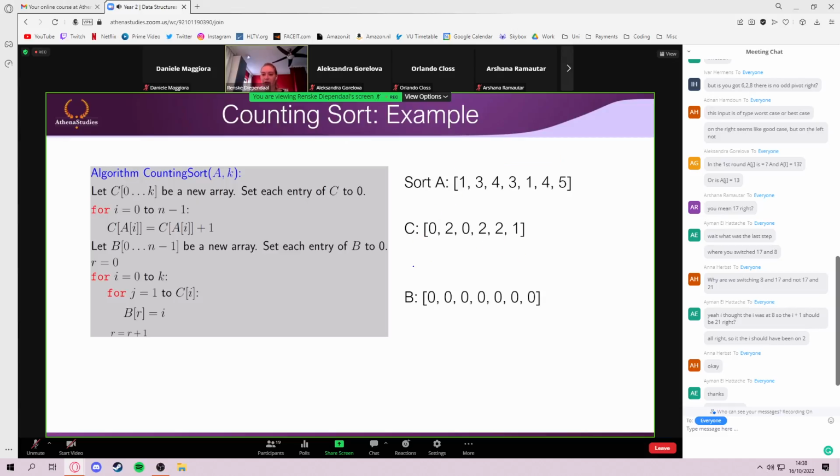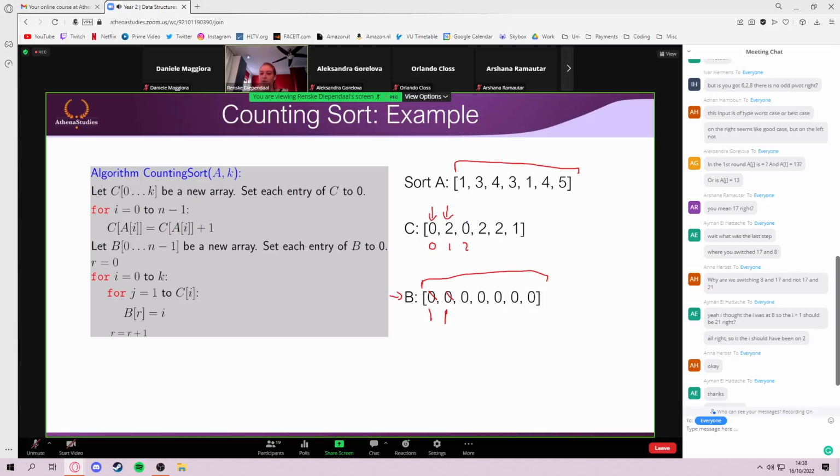Right, and then we also need to create a B array. This B array is going to be the same length as this array, same amount of zeros. And then we start from the C array. And over here we say, okay, I need to reserve 0 spaces for the 0 index. And then I need to reserve spaces for the 1 index. Oh, sorry, so this is going to be 1, and I need to put down 2 ones, basically.